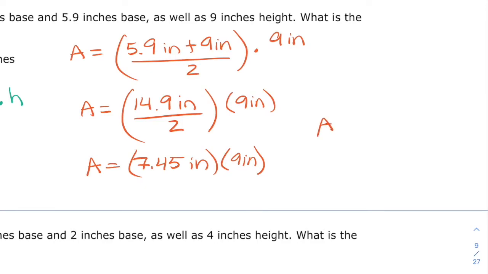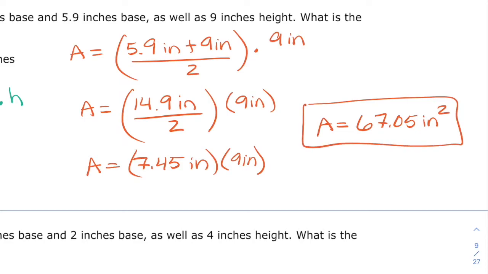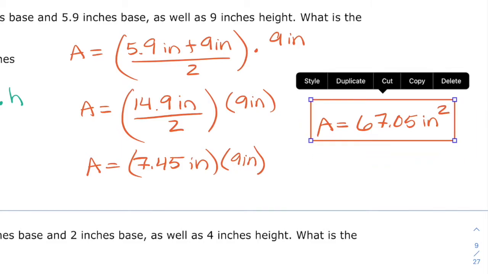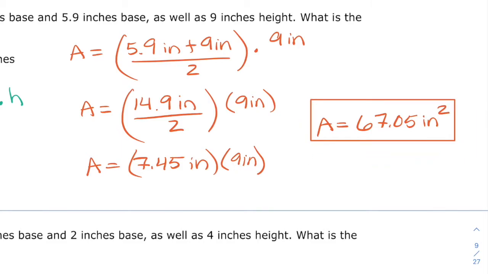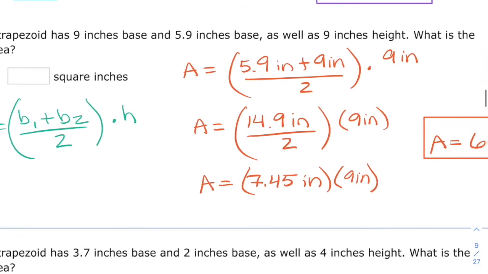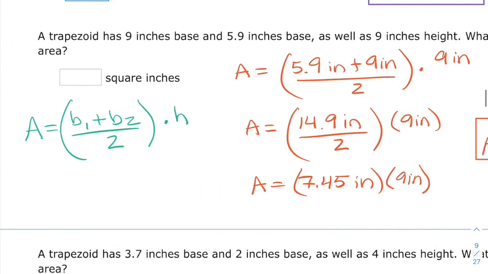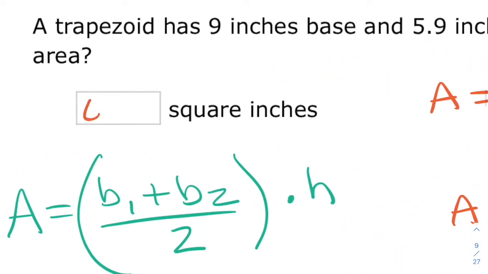And so area equals 67.05 inches squared, because inches times inches is inches squared. 7.45 times 9 is 67.05. Yep, so 67.05.